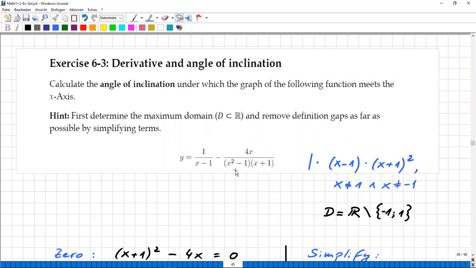Anyway, it's a fact. You can of course use GeoGebra tools to make a plot of this function.